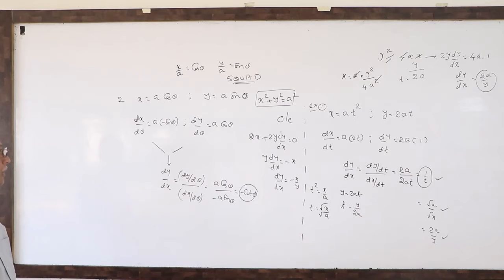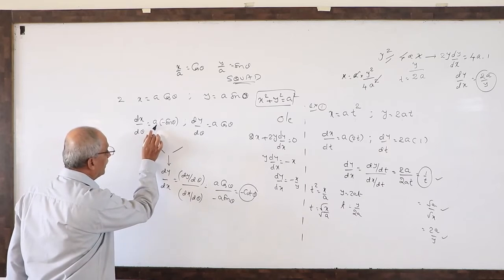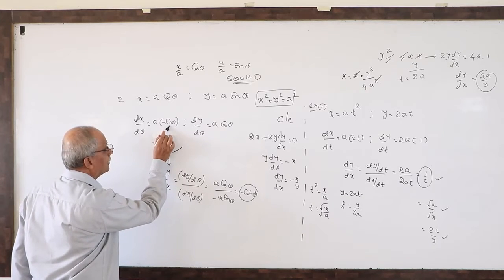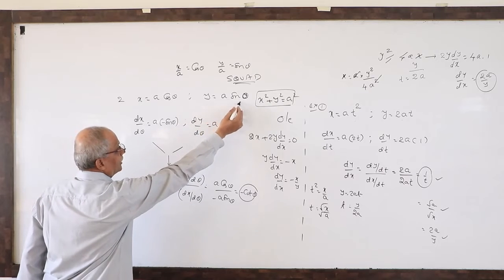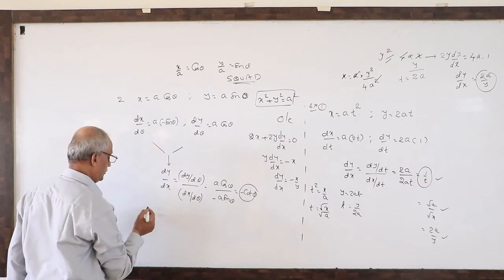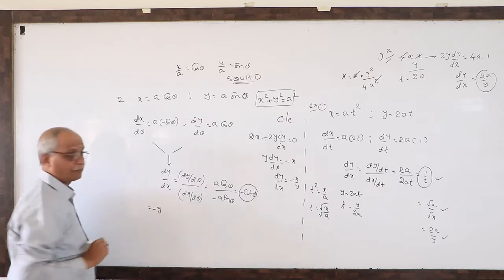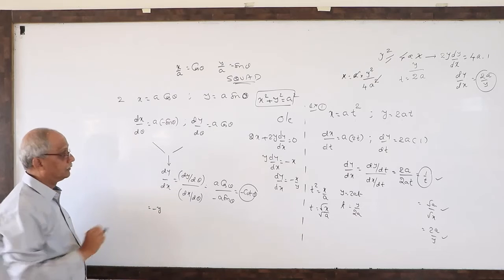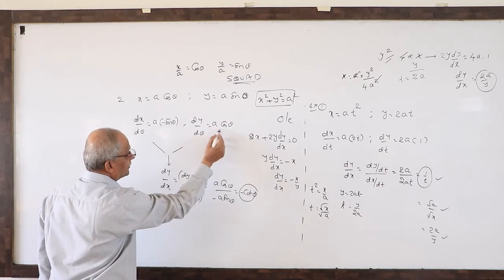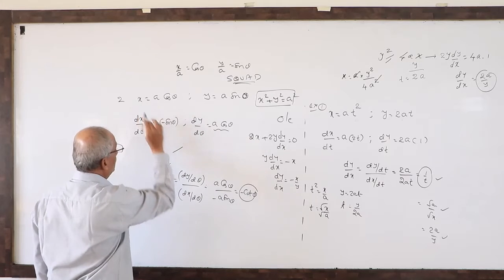But now we are doing it in a different way. See, you got minus a sin theta now. What is a sin theta here? It is y, so minus y. And a cos theta, what is a cos theta actually? It is x.